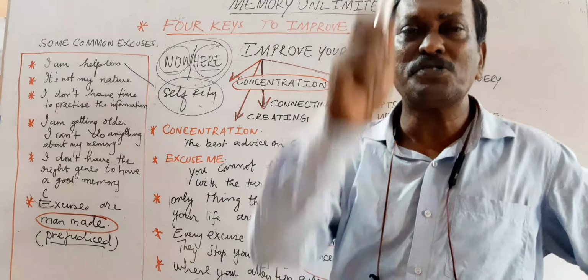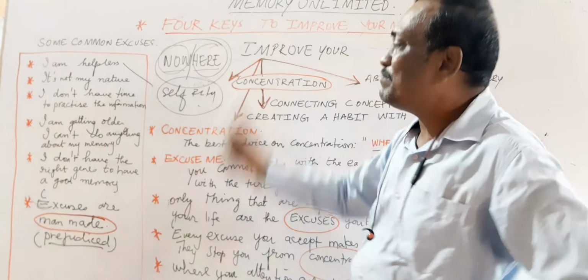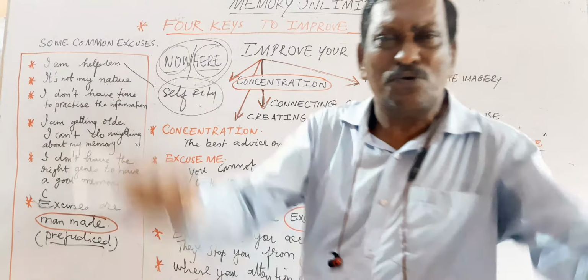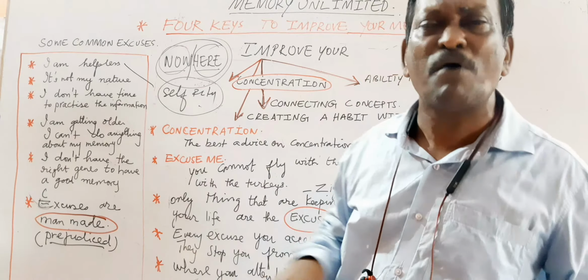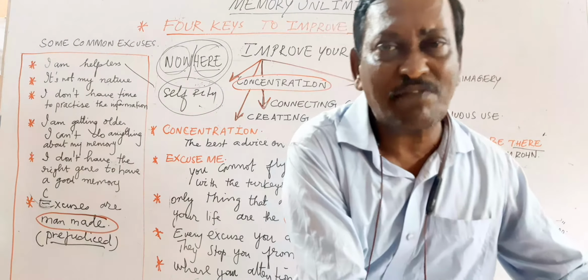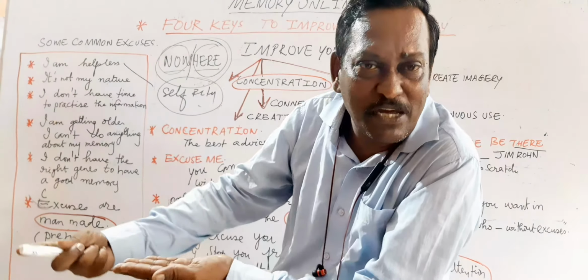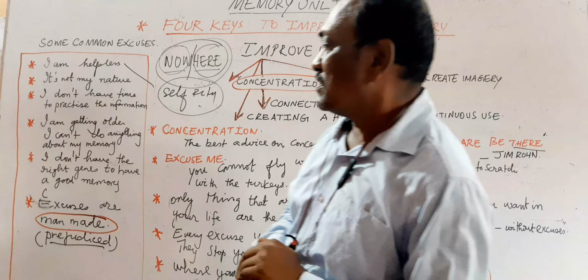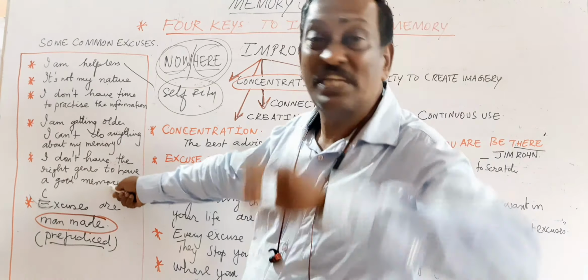The most important point to be noted regarding memory is that you get away from prejudice. What is a prejudice? You have a concept, a destructive concept, a negative concept about yourself. That is self-pity. I am born of this family. I am born in this locality. I am not from an English medium. I am not born with a kind of power to improve my memory. These are excuses that you develop yourself.